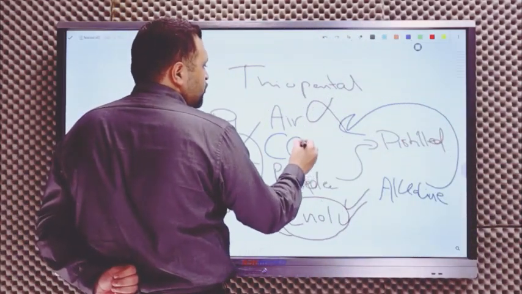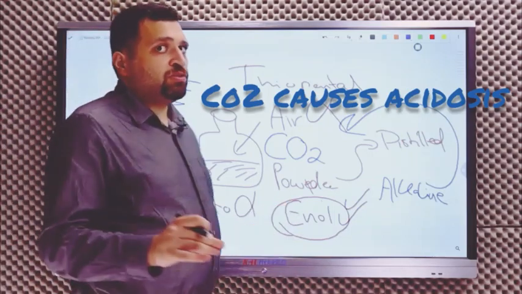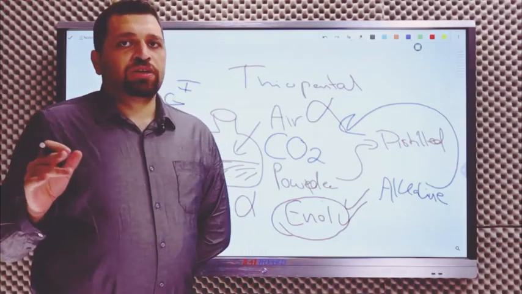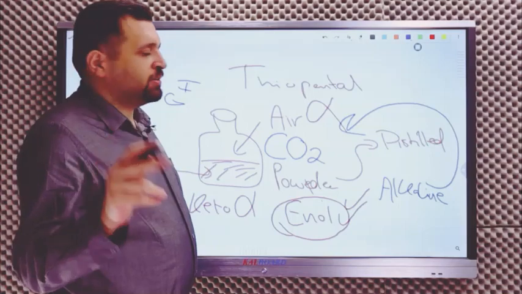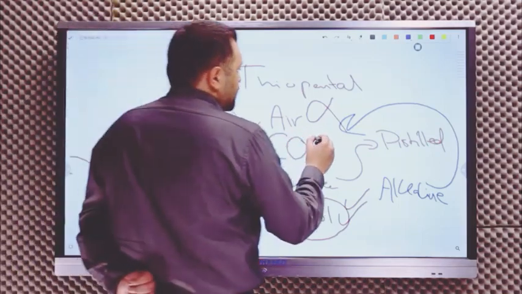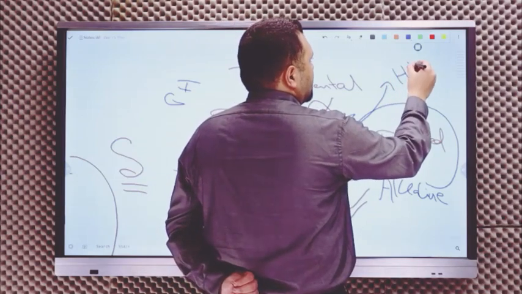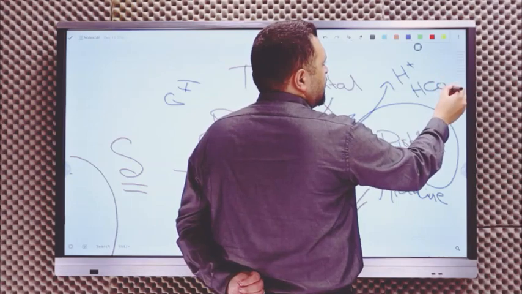And why does it do so? Because it contains CO2. You can search on the internet or in a textbook why CO2 in the human body can cause acidity, but mainly it increases the hydrogen ions and decreases the bicarb.